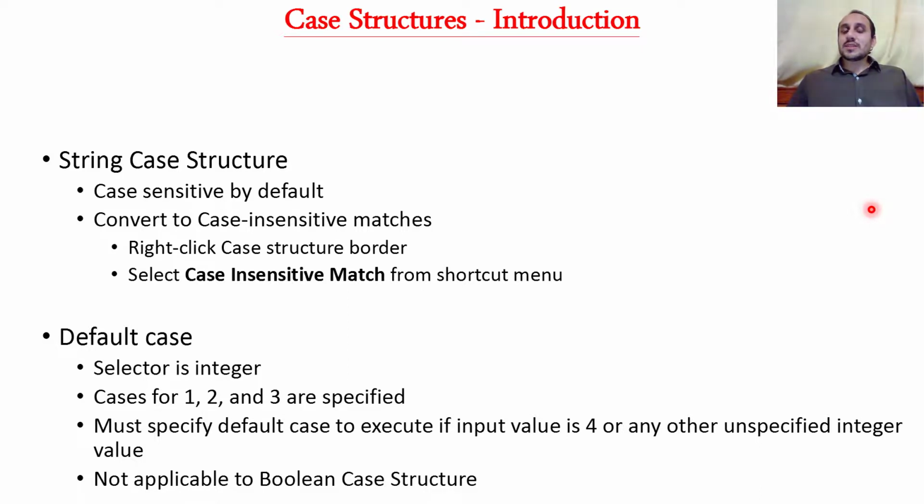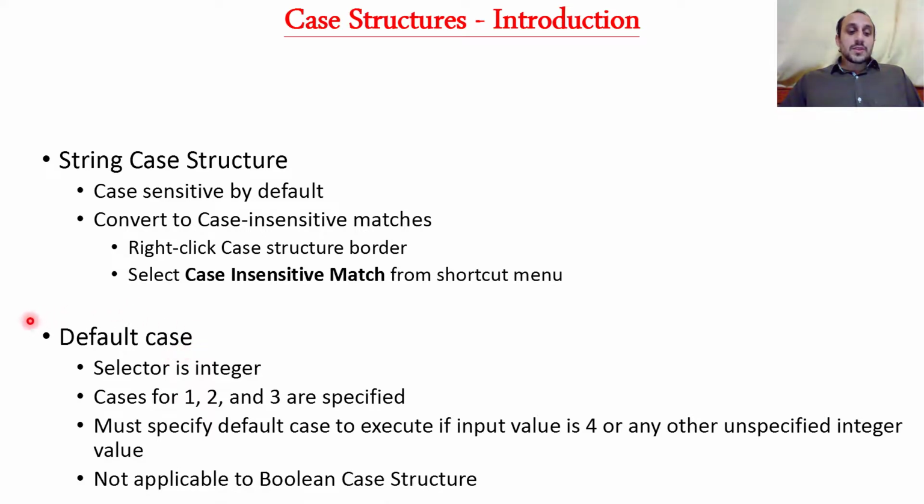You can make it case insensitive by using this option. You just have to right click on the case structure border and then select case insensitive match. We will see this part in detail when we talk about the string case structure. This option will only be available if you attach a string control with the case selector.